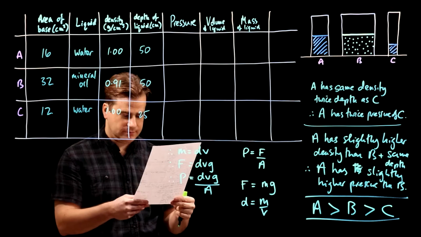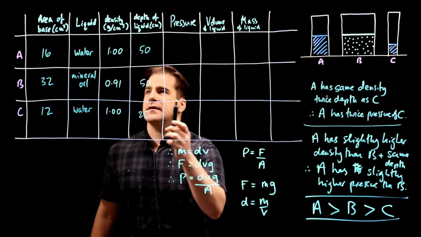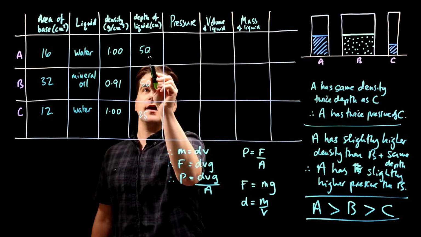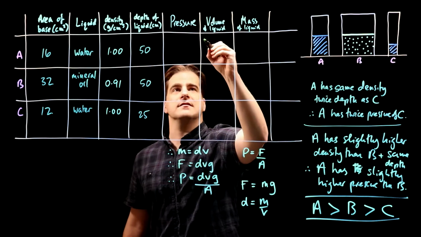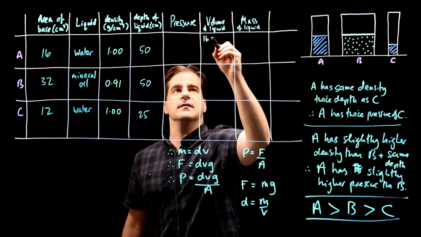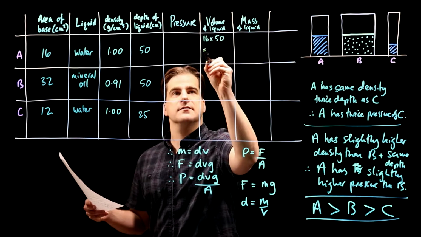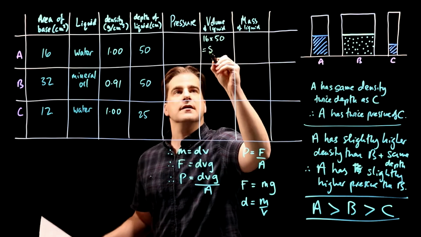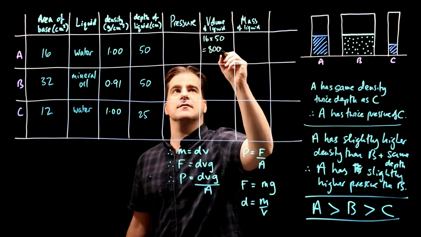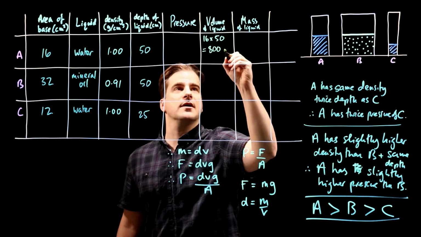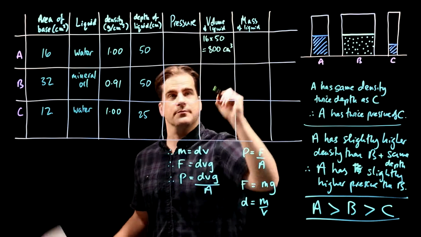Volume of the liquid. Right. Volume is the area times the depth. So this is 16 times 50, which is 800. Be careful of units. These are both, that's centimetres and centimetres squared, so it's centimetres cubed.